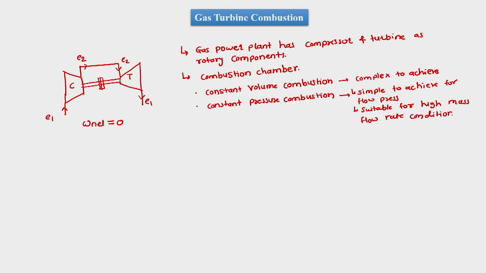Hence, constant pressure combustion is generally preferred in gas turbine power plants.